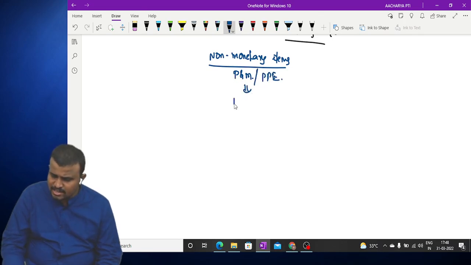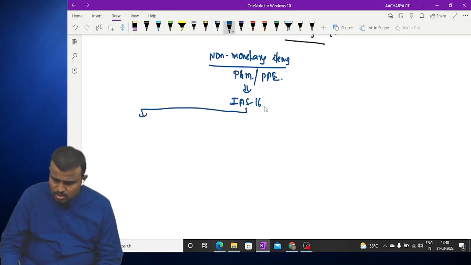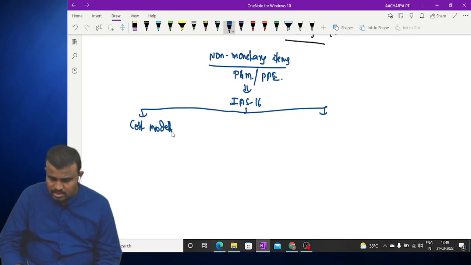Generally these are accounted as per IAS 16, as tangible non-current assets. In IAS 16, two models are there: either the cost model for recording the PPE, or the fair value method. Fair value stands for revaluation.